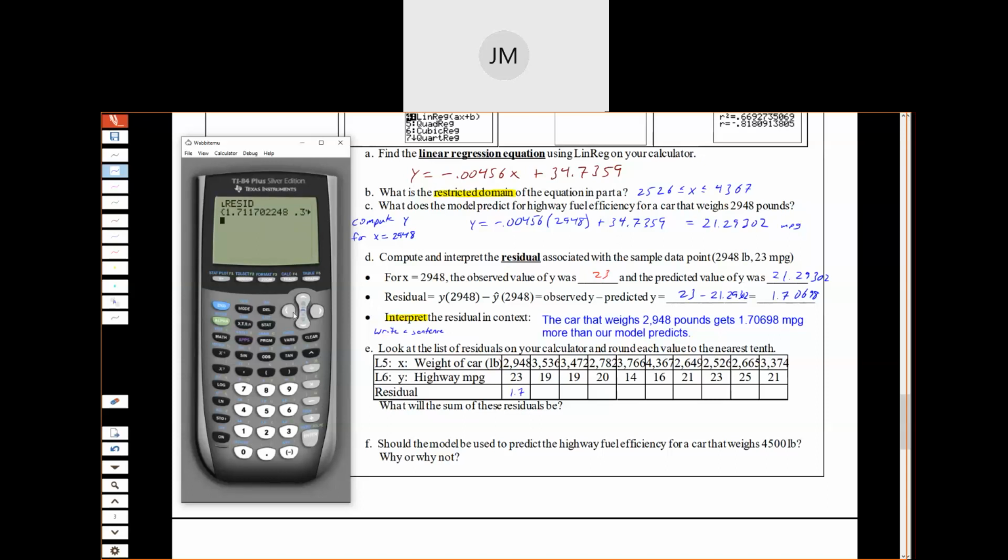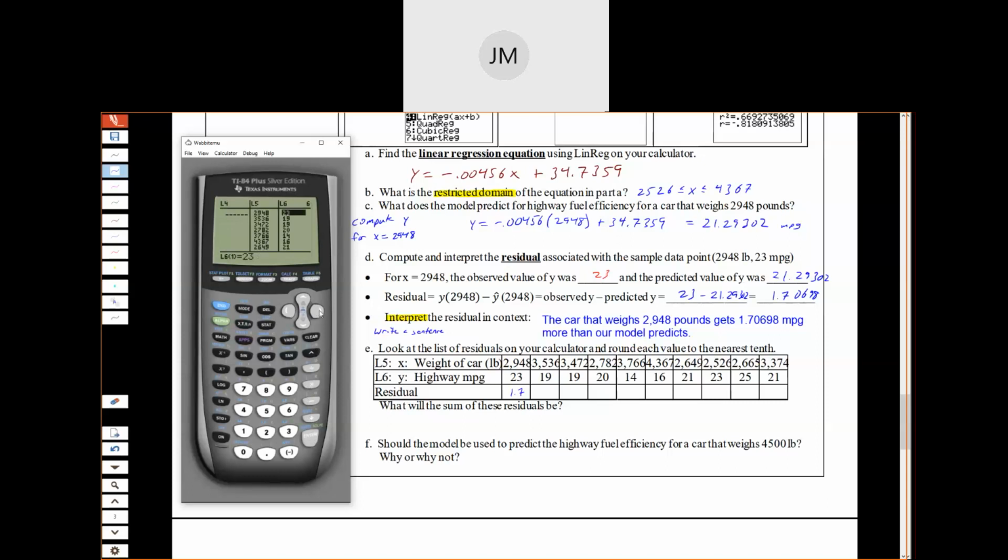So I want to make that a nice neat table in my calculator. Here are my X values, here are my Y values, and I'm going to make another column with my residuals. Let me make sure that we're doing this step by step. We hit stat, edit, and this is where we put in our X data and our Y data.